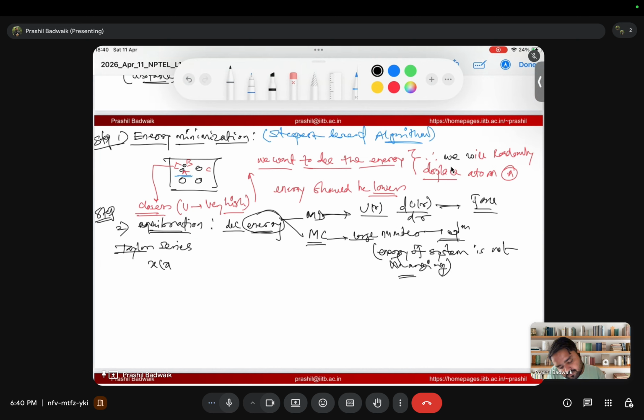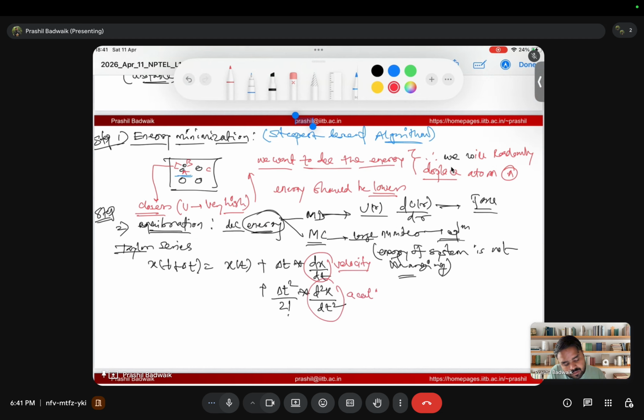X at t plus delta t is equal to x at t plus delta t into dx by dt plus delta t squared divided by 2 factorial into d2x by dt2. You know this term as velocity, and this is my acceleration. Acceleration is equal to force upon mass, and force you already have from here.